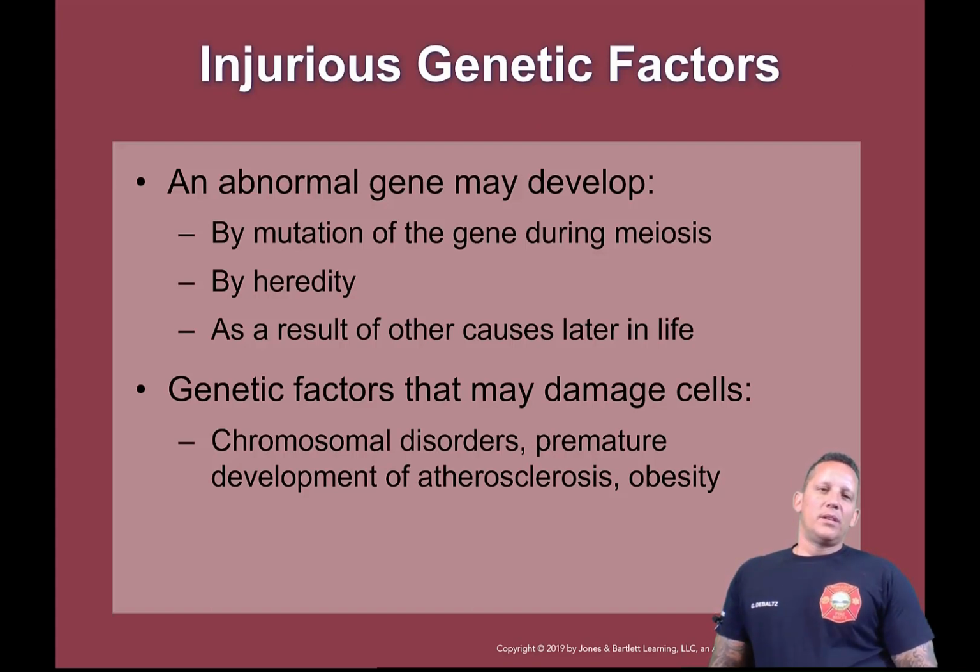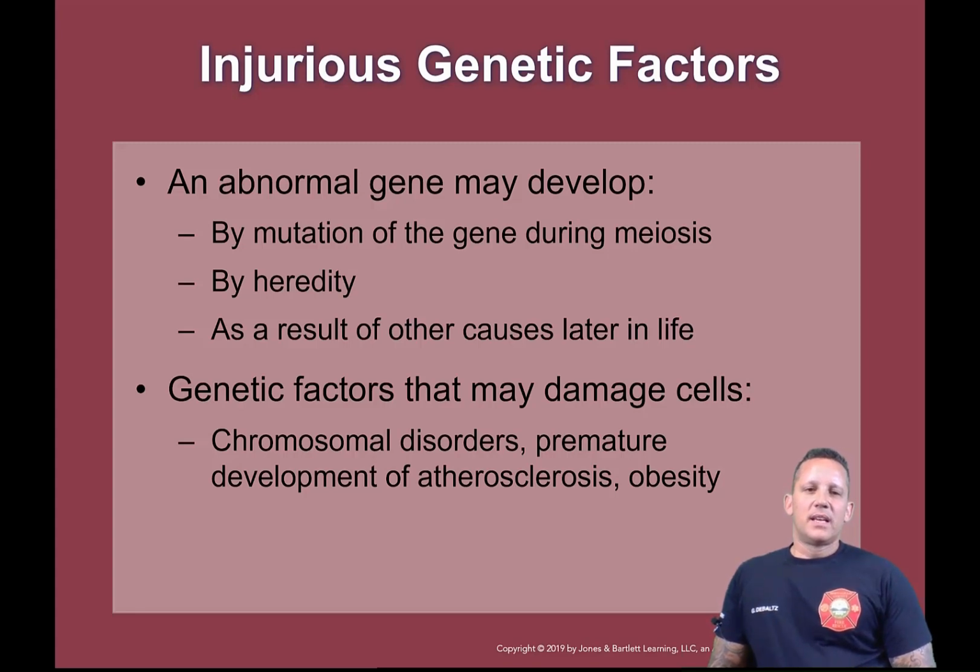So we're going to look at injurious genetic factors, abnormal genes, mutation of the gene during meiosis, which can be hereditary or as a result of other causes later in life.